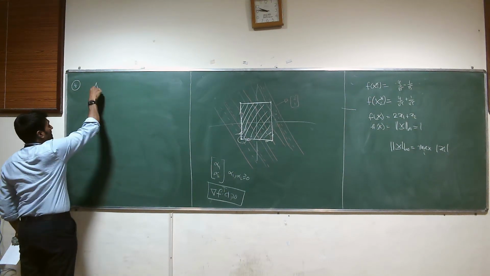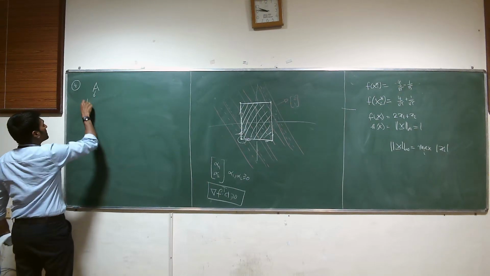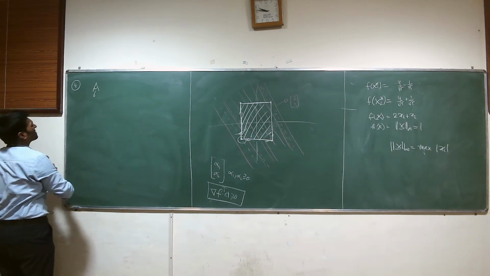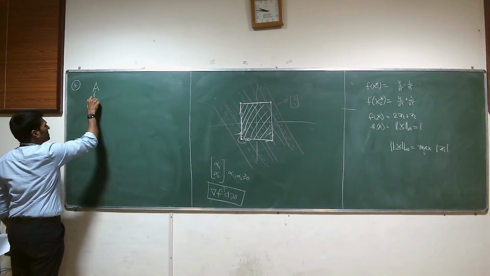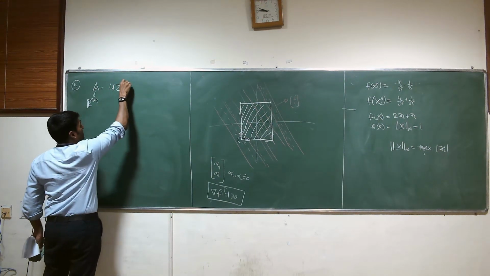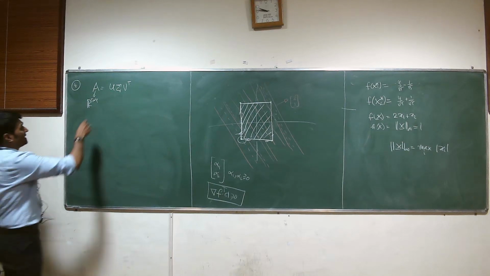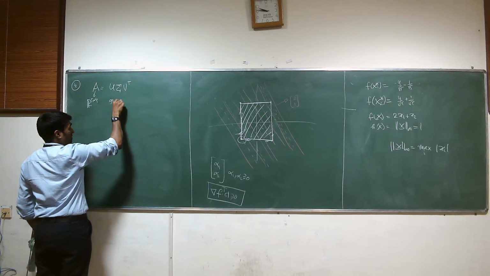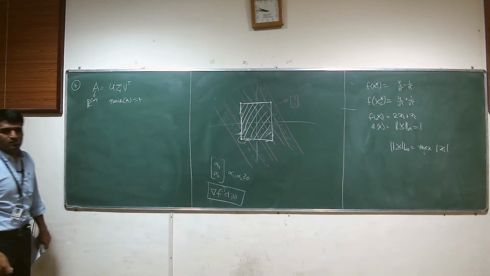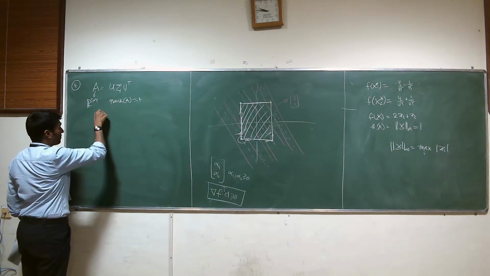So if A is a 5x4 matrix with a singular value decomposition like this and rank 4, the question was, what is the second induced norm of A?